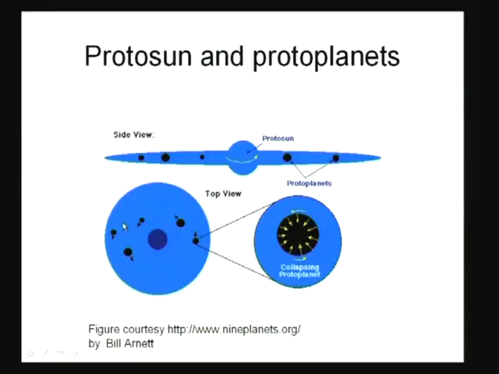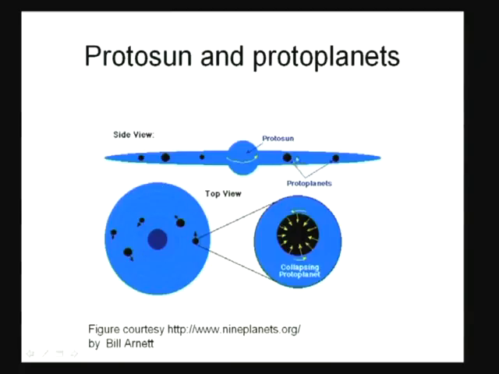So, you have a spinning disk at the end of the day, and this spinning disk then fragments, and the bigger fragment in the center forms the sun, and the fragments in the periphery form the planets. Okay. So, each thing over here fragments, and it forms a planet, and since the entire thing has the same angular momentum, the spins of each of these individual things.